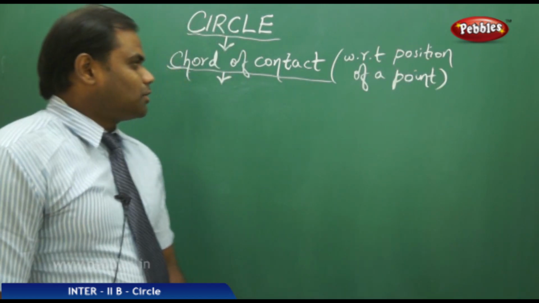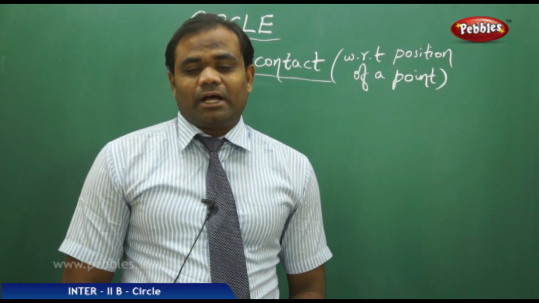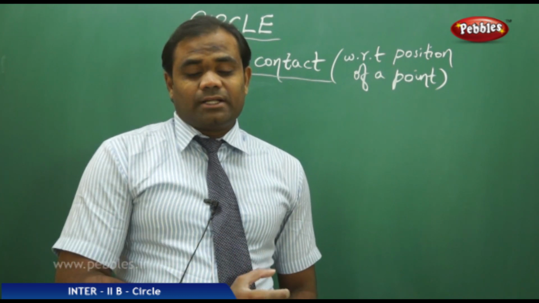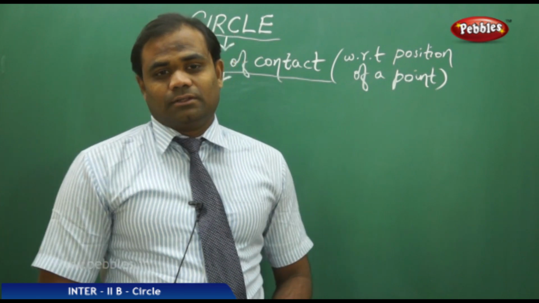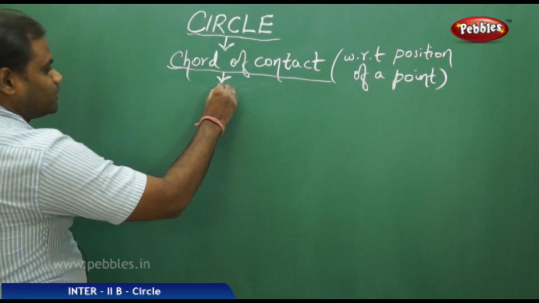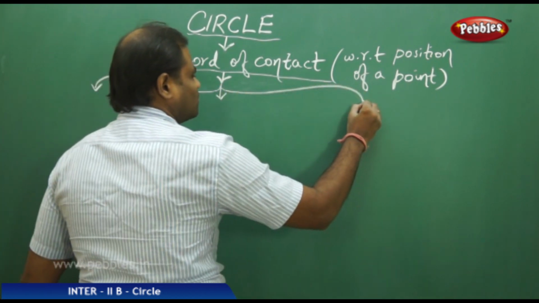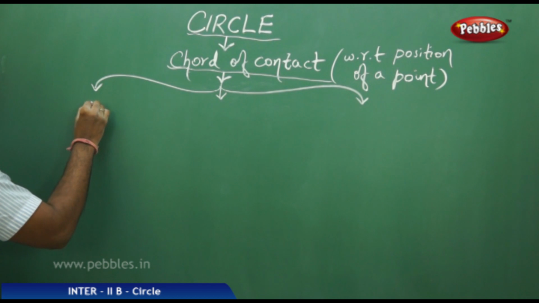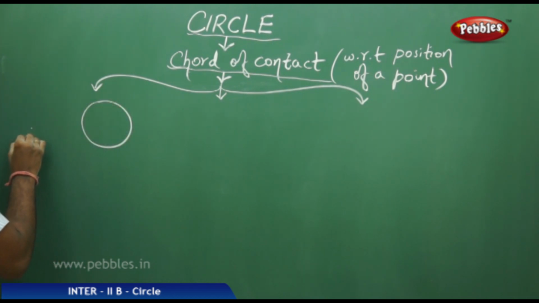So let's connect the chord of contact with respect to the position of a point. Now that we know that the position of a point has 3 cases: one is the point outside the circle, the point on the circle, and the point inside the circle. So if I consider all the 3 cases, case 1, case 2, and case 3, I have the circle with an external point.